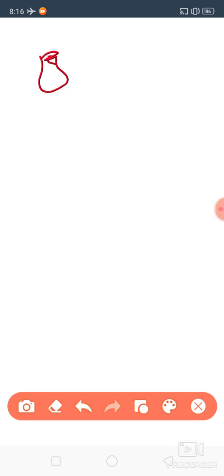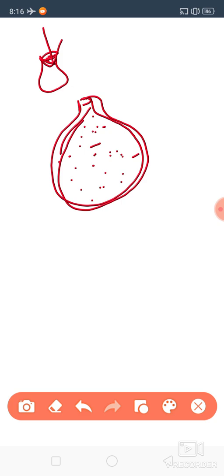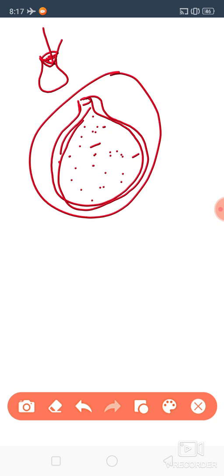Now fill air into it. What will happen? This balloon will acquire some space, meaning it is taking this much volume, and it is taking this round shape. How is it taking this round shape? Because we have filled air into it.